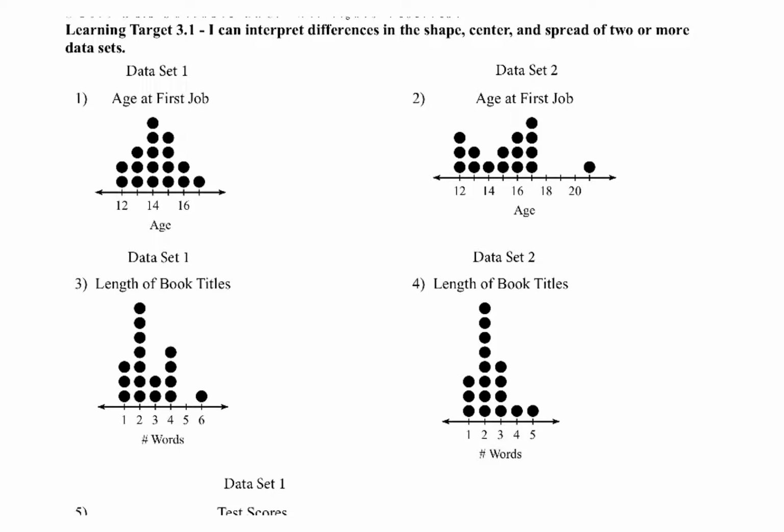Now, when we talk about shape, remember we're talking about what is the mode. Is it unimodal? Let's just jump into some examples. Question number 1. I like to kind of draw that shape like that. That has one mode, so it's unimodal. Also, we try to see if it's skewed or a normal distribution.